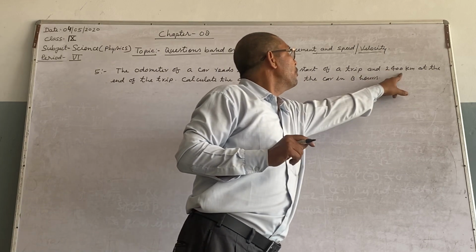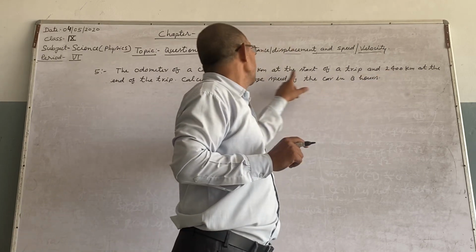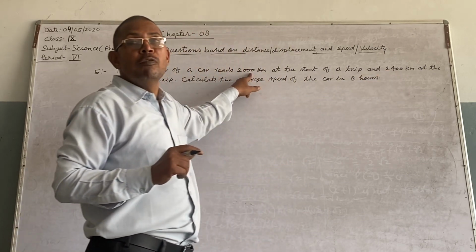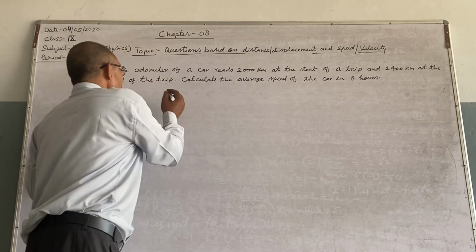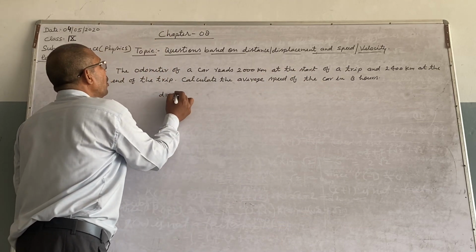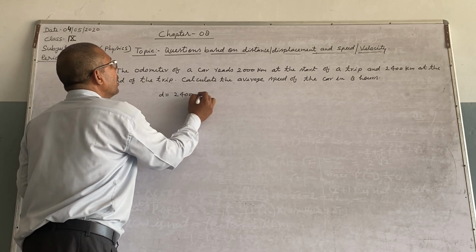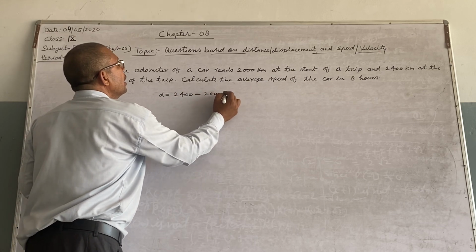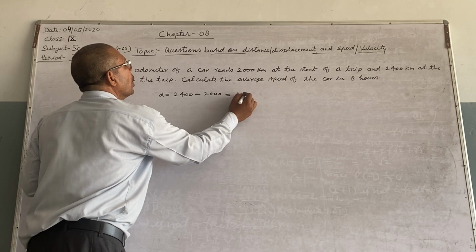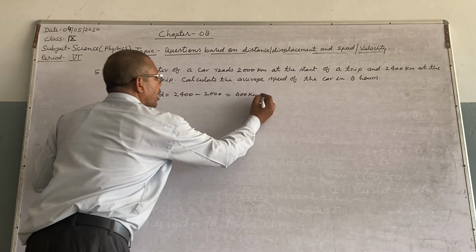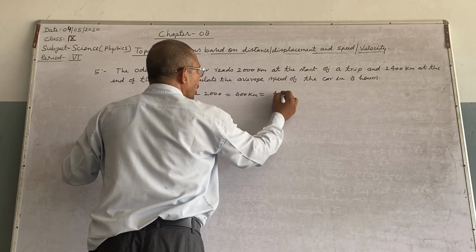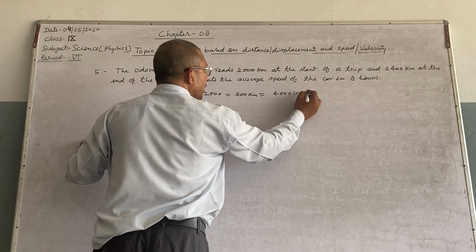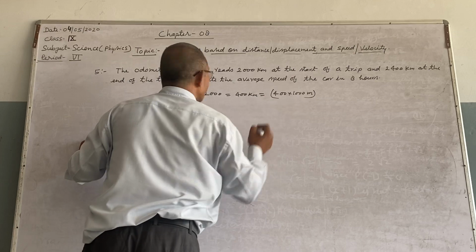So 2400 kilometer minus 2000 kilometer, you will get 400 kilometer. D equal to 2400 minus 2000 equal to 400 kilometer. Now change it into meter: 400 into 1000 meter.